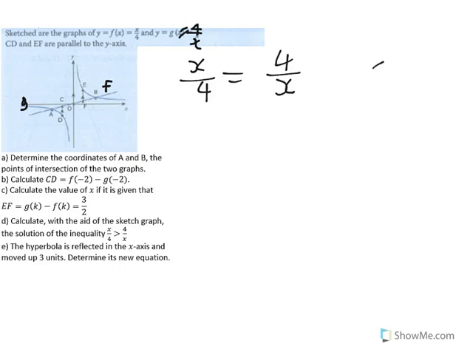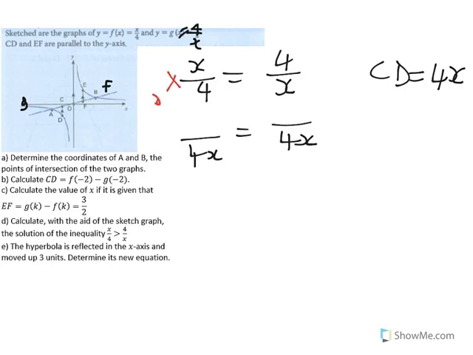Get it over a common denominator. In this case, my common denominator is going to be 4x. So I need something over 4x on this side, something over 4x on this other side. That means I'm going to need to times by x over here. And over here, I'm going to need to times by 4 over 4.